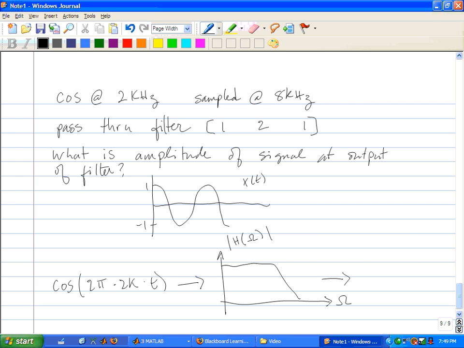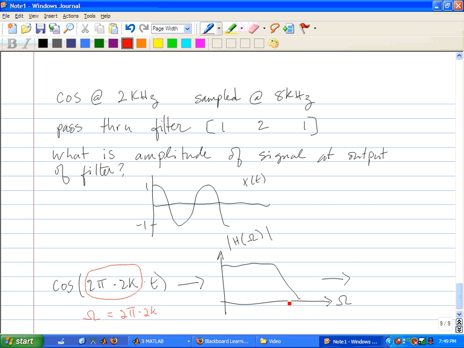it's a single frequency. So the way you work these problems, in the analog domain at least, is you say, okay, this signal has a frequency of omega equals 2 pi times 2k. Now you come along to your transfer function and you look for that frequency.